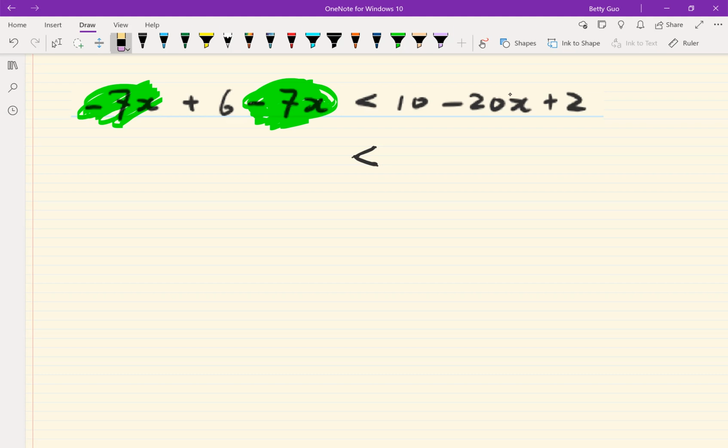-14x. Copy -14x. How about you use a different one? Do you want to get rid of -20x on that? You want to get rid of it, right? So you add 20x, plus 20x and the plus 20x here. You have to do the same thing to both sides, right? And draw a line.